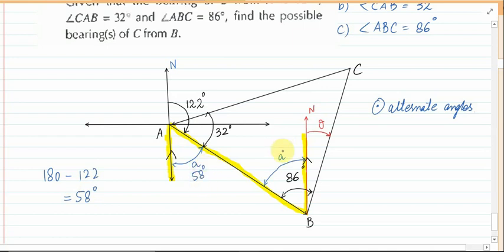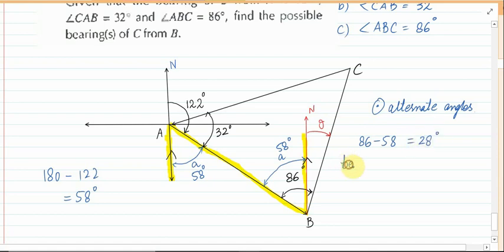It means that this angle is also 58 degrees. The total angle is 86 and that left side part is 58. So 86 minus 58 is 28.